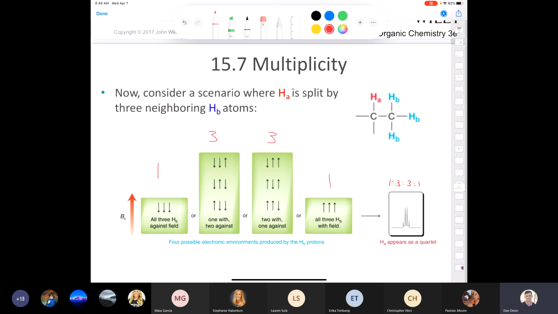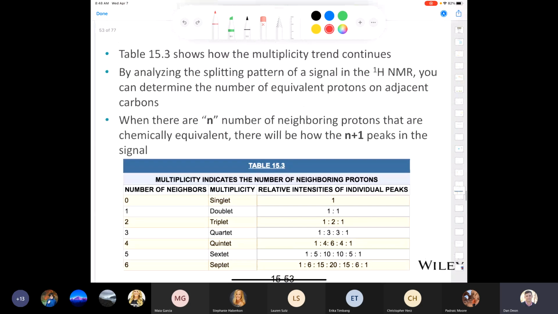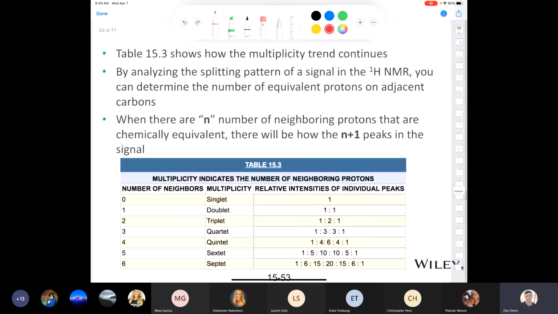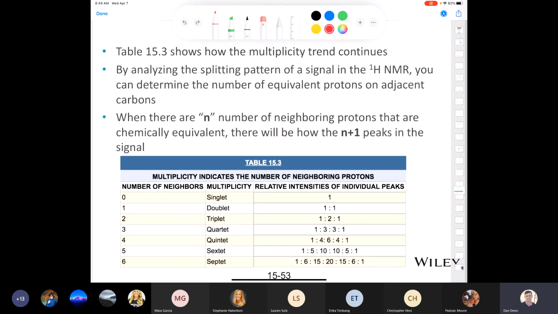So again, applying the n+1 rule, neighbors, there are 3 of them, 3 neighbors in a methyl group. 3 plus 1 gives you 4, and that is why we get a quartet. So that explains multiplicity. That's my best explanation I can give you for multiplicity. This table shows how the trend continues as we go to a quartet, quintet, sextet, septet, which follows Pascal's triangle, which I'm not going to get into in a lot of detail.